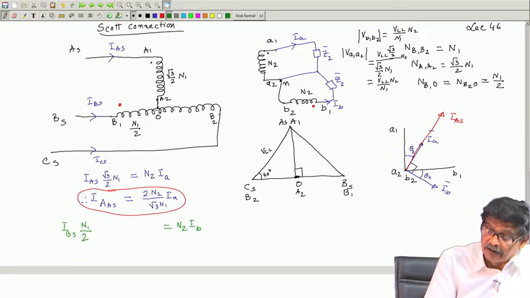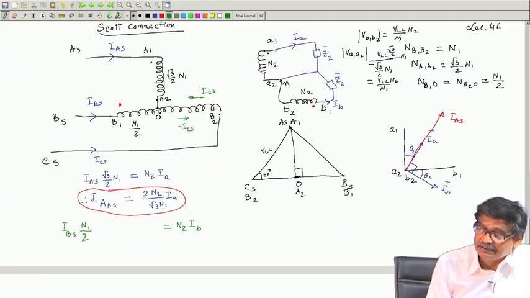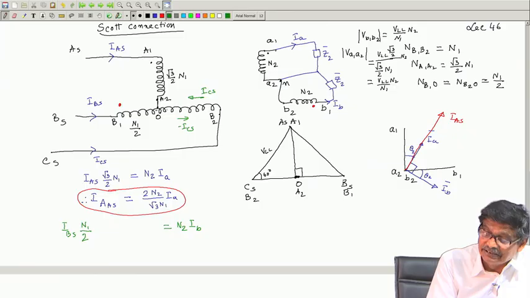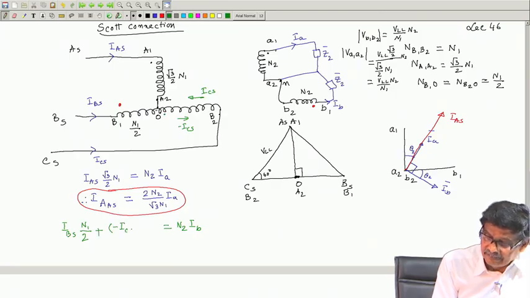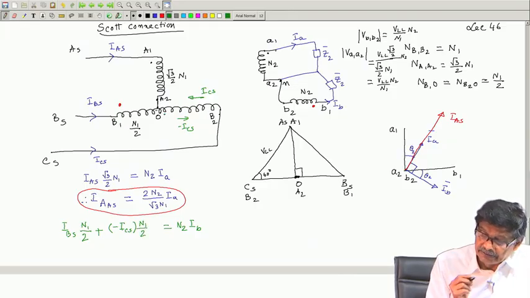And for this part, current flowing in this direction, that is I C S, or I can say minus I C S is flowing like this, from right to left, and this is a dot, which means this is also a dot. So, through the dot, what is the current flowing? Minus I C S into n 1 by 2.